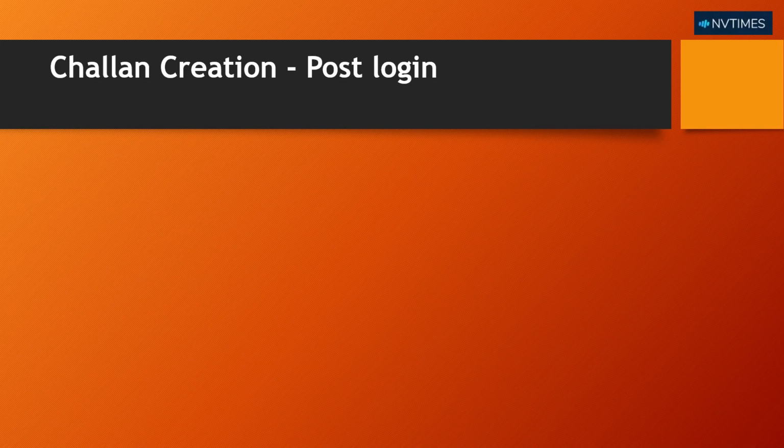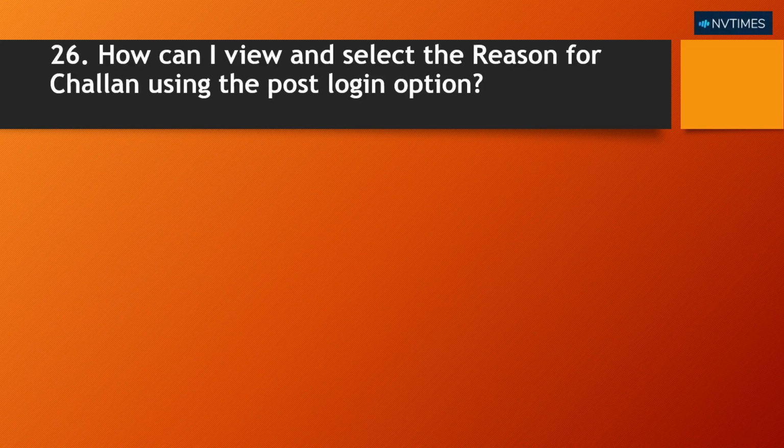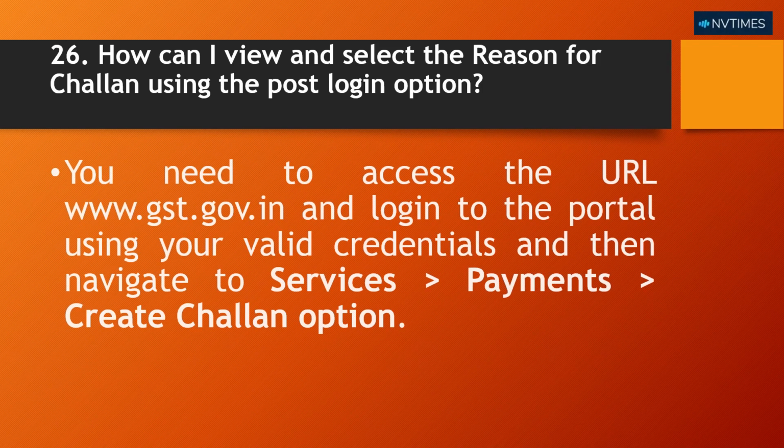Challan creation post login. How can I view and select the reason for challan using the post-login option? You need to access the URL gst.gov.in and log in to the portal using your valid credentials, and then navigate to Services, then Payments, then Create Challan option.